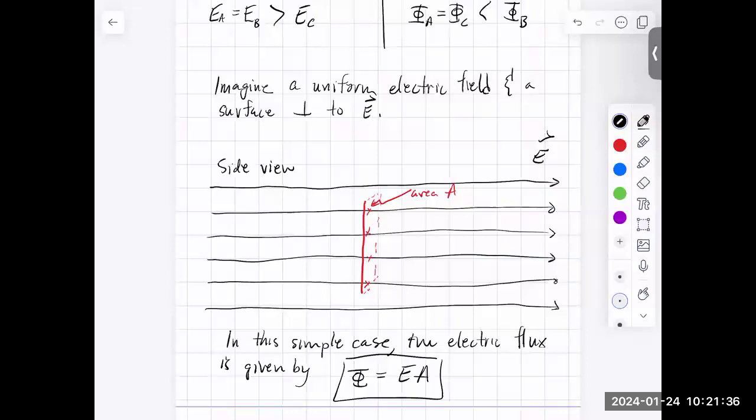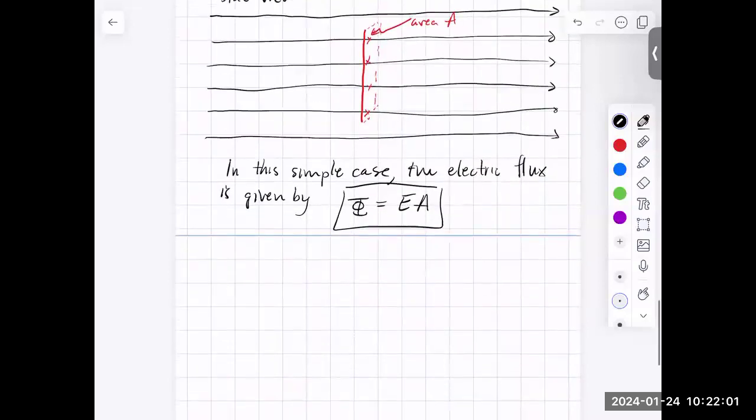If I tilt it enough, that top electric field line that goes through the area will eventually miss that area as we change its orientation. And therefore, because flux is just the number of lines that pass through, we'll lose electric flux as we tilt that area. And we want to see how we can then correct our calculation.